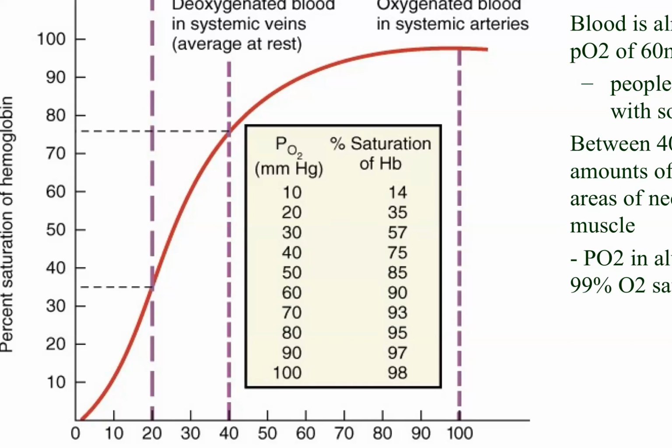Even if you look at 60 millimeters of mercury, that means it's almost 40% of what it was at sea level. What happens? At 60 millimeters of mercury, we're still 90% saturated. It's only an 8% drop in O2 saturation, even though there's a 40% drop in oxygen content in our environment.